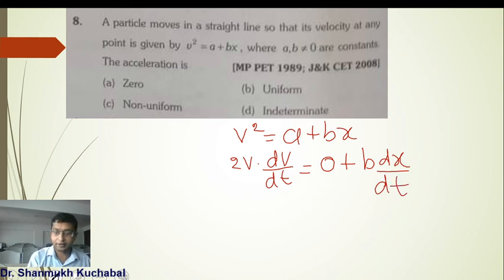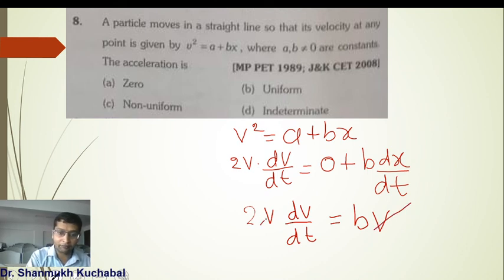So further we can rewrite this as 2v dv by dt equal to b times dx by dt. It is a first order differentiation, we take it as velocity like this.